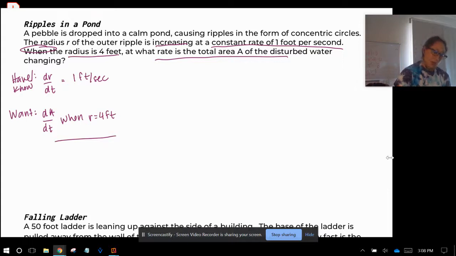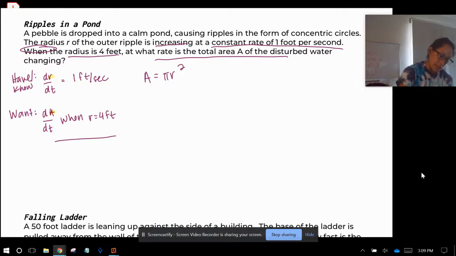Okay, so what relates radius and area of a circle? Is there an equation that relates radius and area of a circle? And of course, it's area of a circle, so I'm going to use area is equal to pi r squared. You really have to reach back into that catalog of equations.